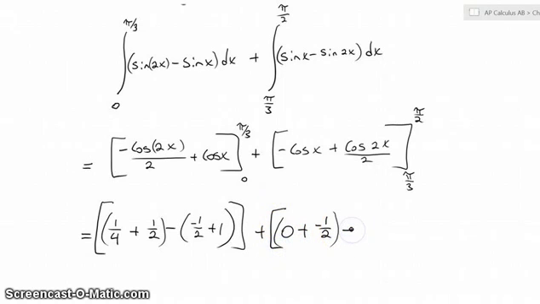And then we need to subtract out and evaluate at pi over 3. So again, pi over 3, we're going to have negative 1/2 plus, and then that's going to end up being negative 1/4. And when we put that all together, we're going to get 1/2.